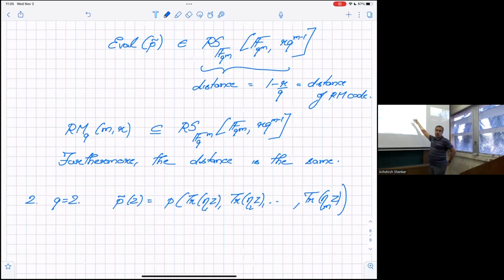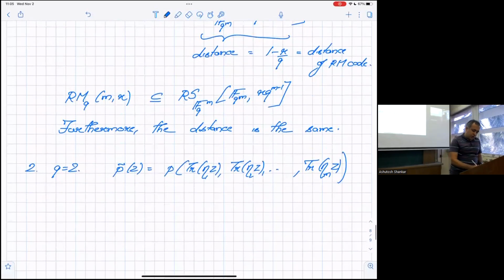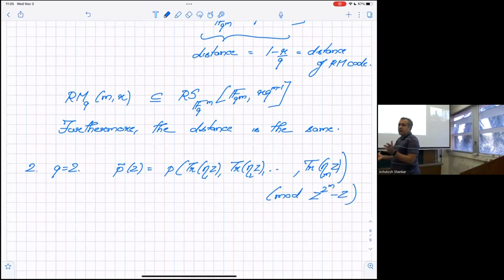The degree is going to shoot larger than Z^(2^m). But you only care about the evaluation. So what you could do is take the mod of this polynomial by Z^(2^m) minus Z. If I take mod as an evaluation over the large field, nothing changes. So I'll define P tilde of Z in this case to be this object.